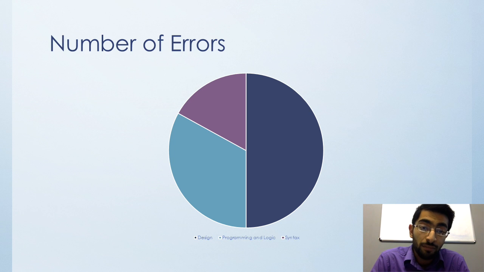If mistakes are major problems, when are they made? So we can see that the number of errors at various stages of the project are shown on the screen at the moment.